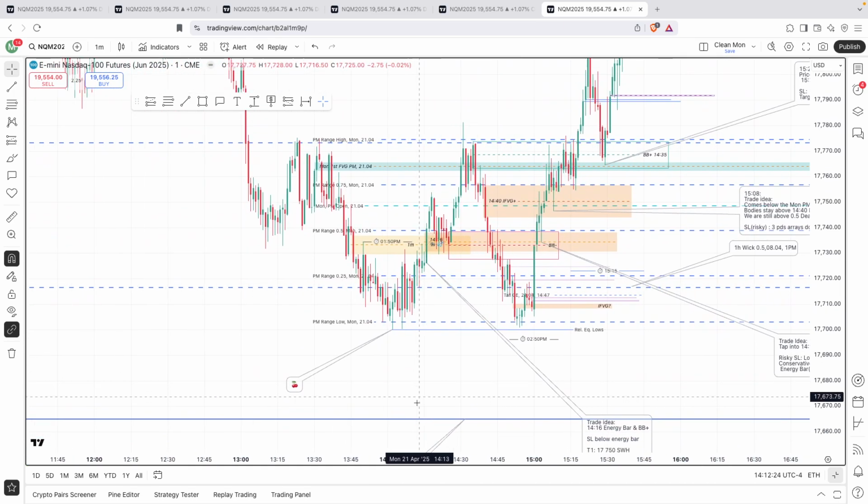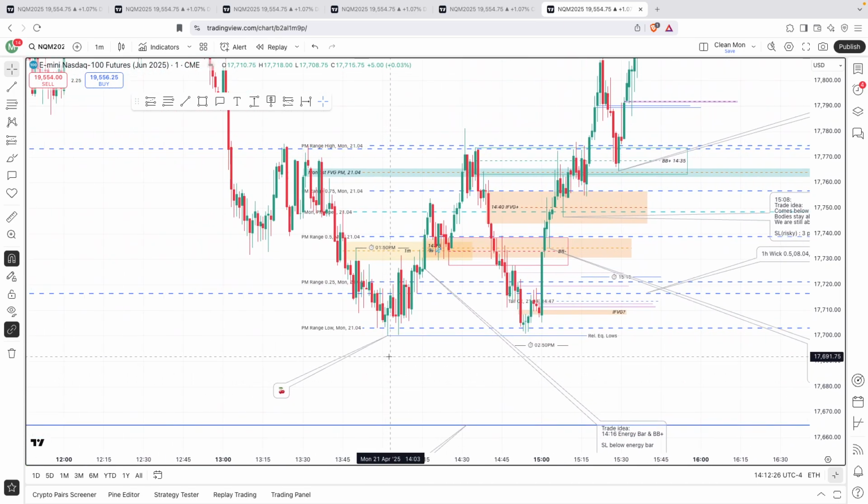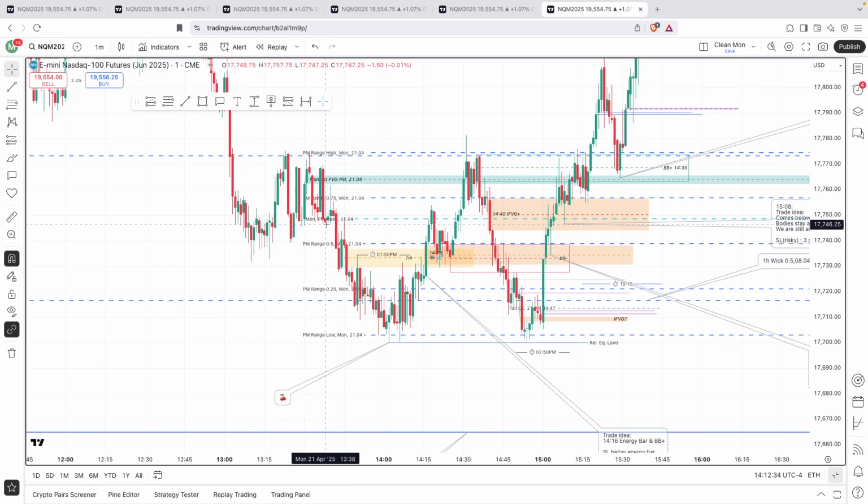But before that, I see this setup over here. So we have this inversion fair value gap at 13:46. So at 1:30 we open over here, and then we come down, and price starts to go up here.